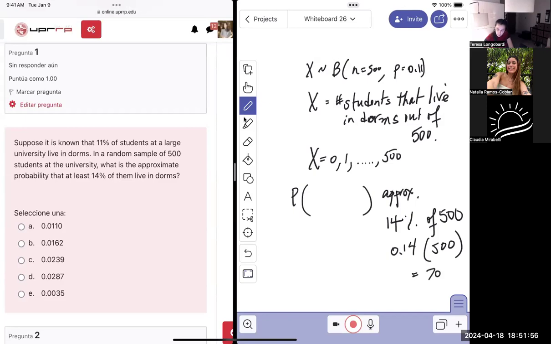It's 70. So it's saying, what's the chance that 70 students or more live in dorms? That's what it's saying.